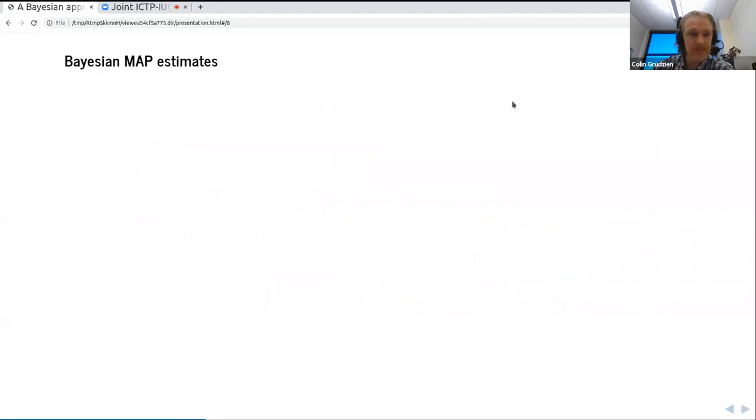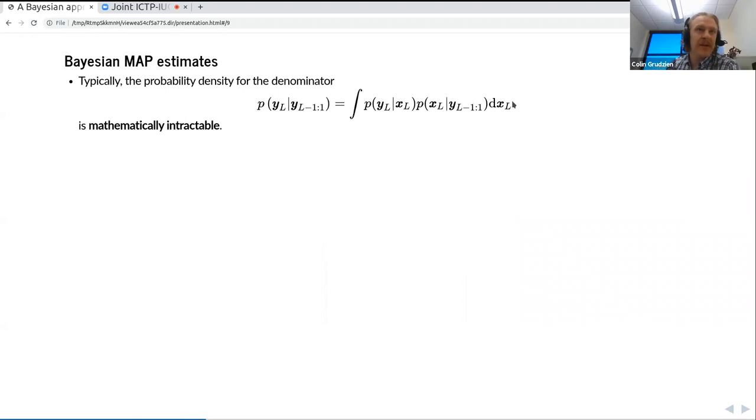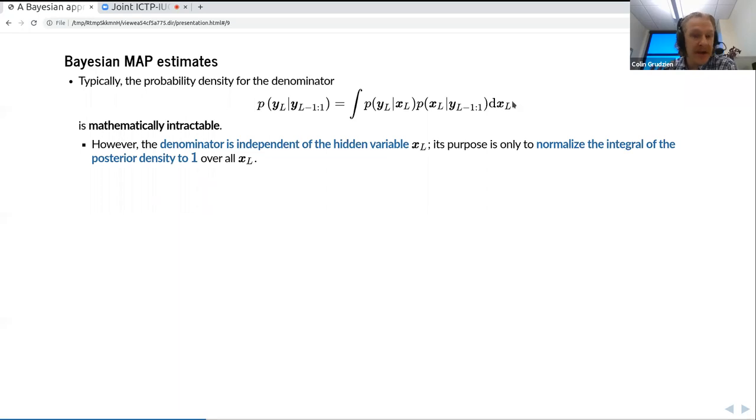Typically, this nuisance term, the denominator, is just mathematically intractable, and you typically have no real way of representing it. But the denominator is independent of the hidden variable, and its purpose is really only to normalize the integral of the posterior density to 1 as we integrate over all possible model states.